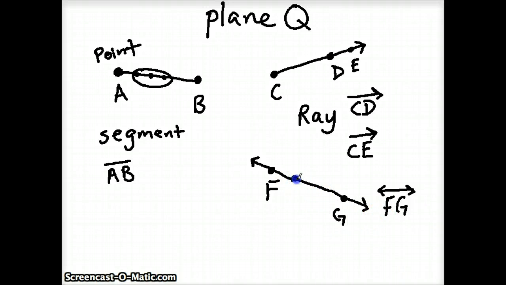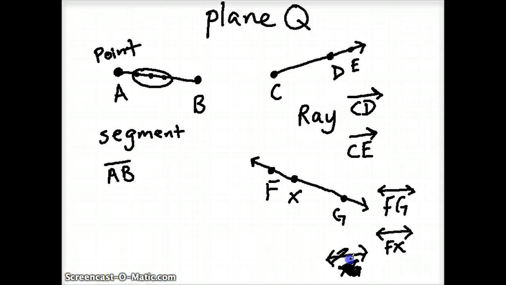If I put another point on that line, let's say X, then I could also call this line FX, and hopefully you just thought, what about XG? Well, like I said, alphabetical, so scratch that.